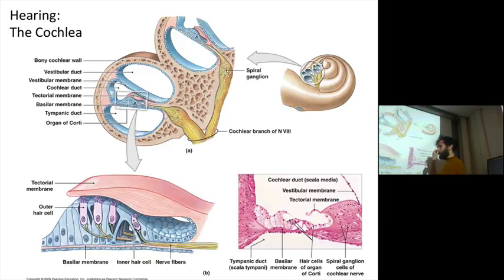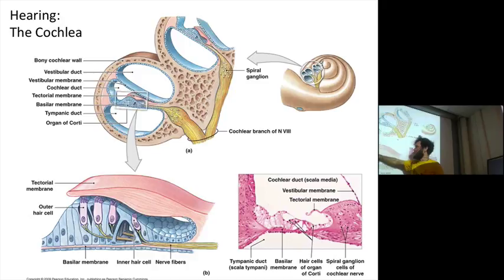The organ of Corti has another membrane. So there's 3 canals, and there's 3 membranes. This membrane is called the tectorial membrane. The tectorial membrane does not separate anything. However, when sound is going through what's called the perilymph, the fluid that is in the tympanic duct and the vestibular duct, it's going to vibrate this basilar membrane.